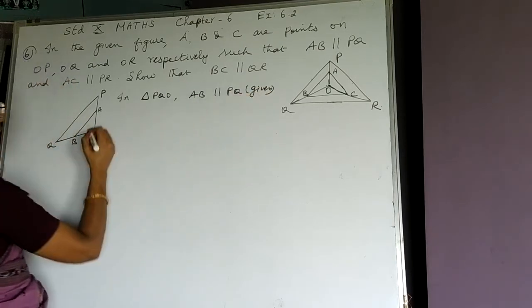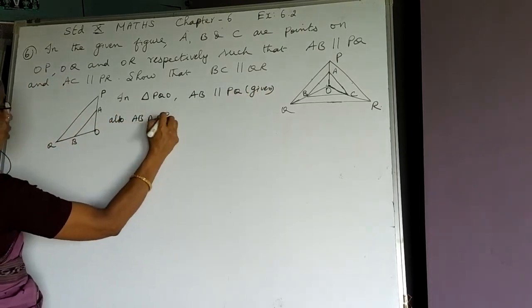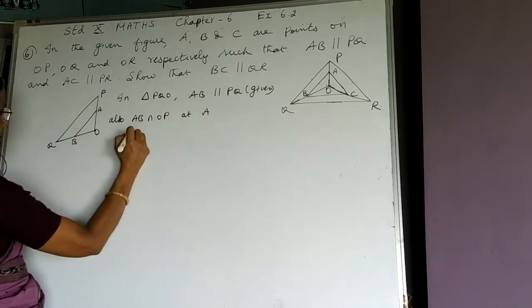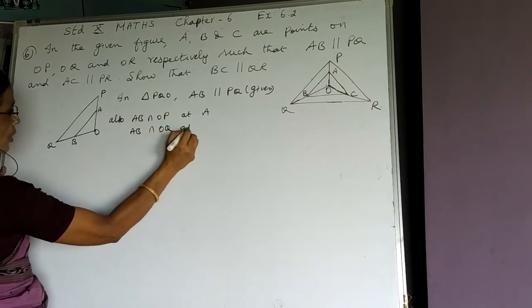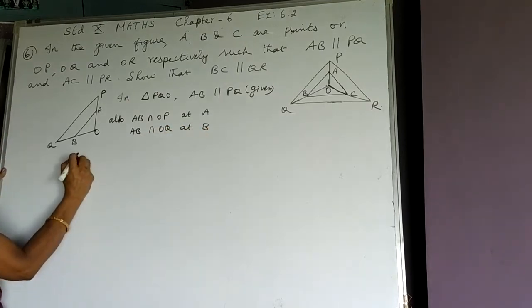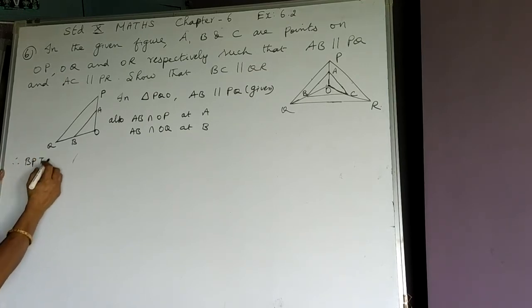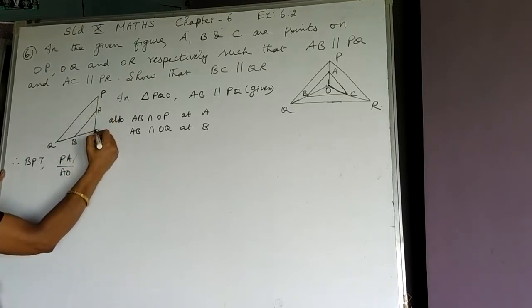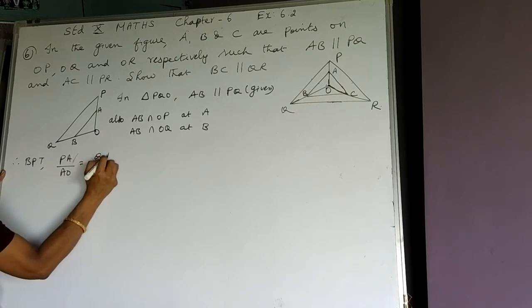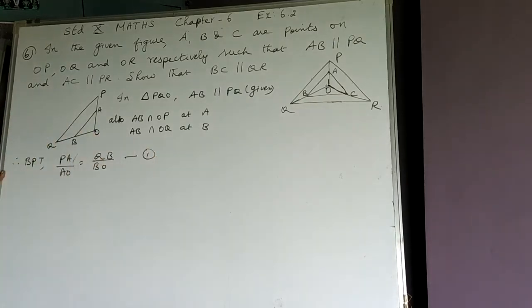That is given. Also, this AB intersects OP at the point A. AB intersects OQ at the point B. Therefore, we are going to use BPT theorem, basic proportionality theorem. We have PA upon AO is equal to QB upon BO. This is one of the results, right?